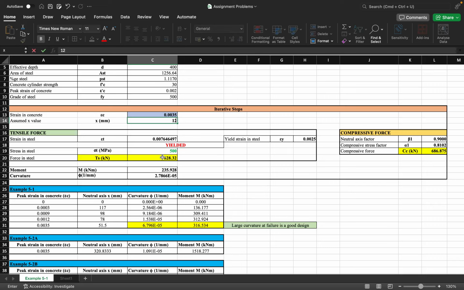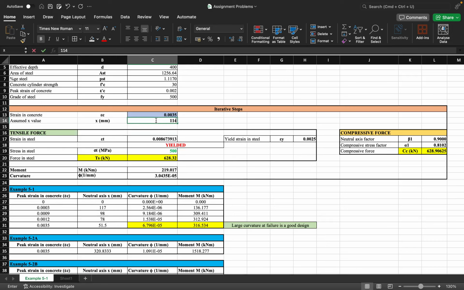Let us take 120. Still we need to reduce, 115. So we are able to achieve very close value.